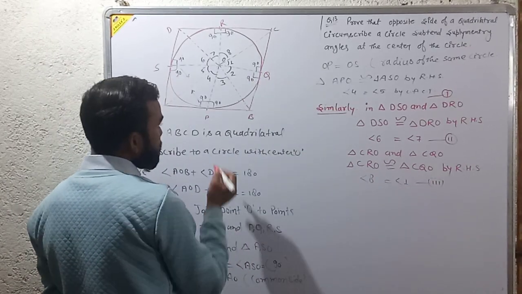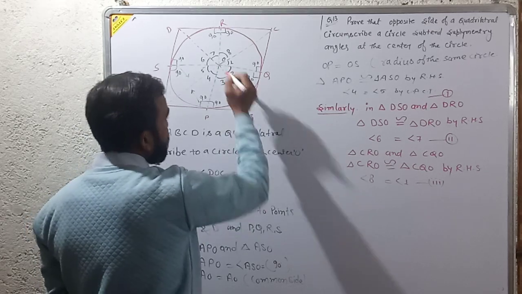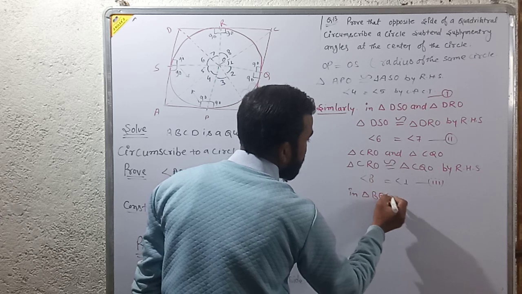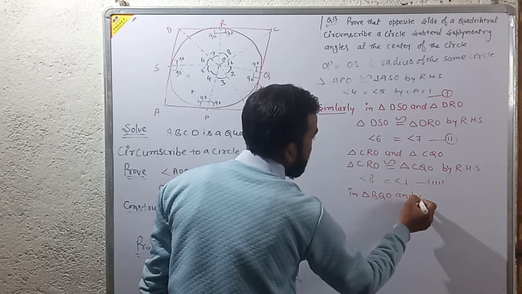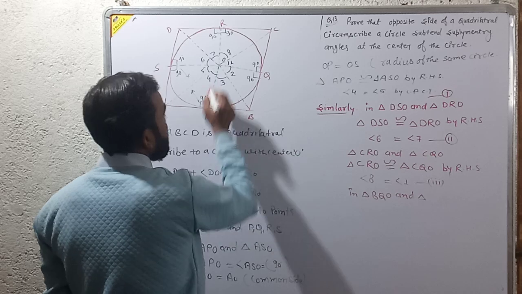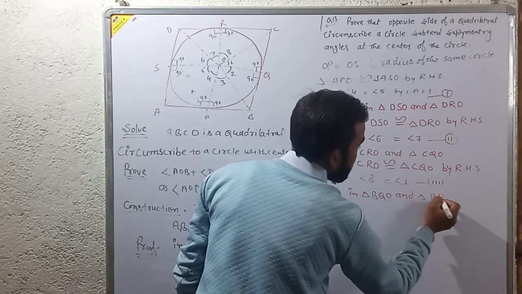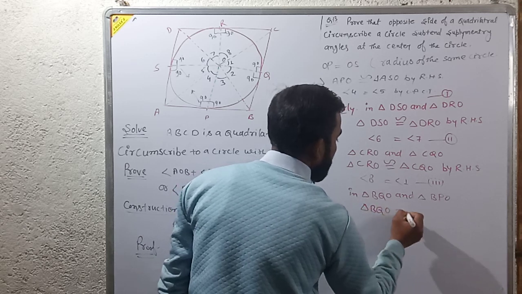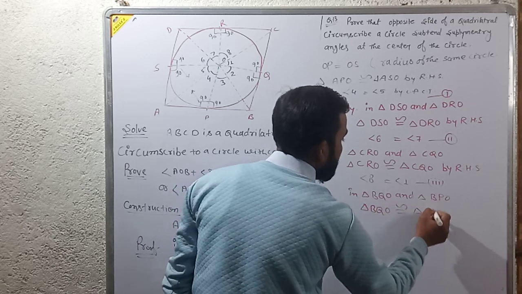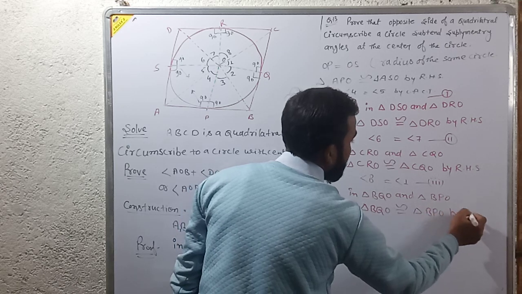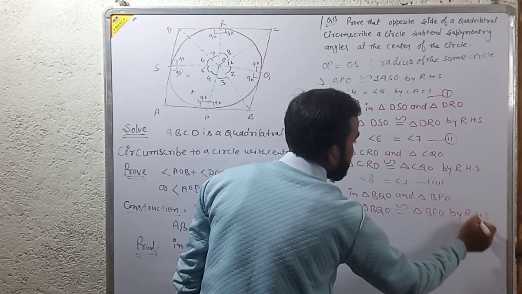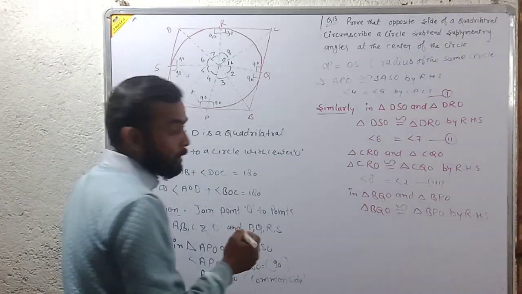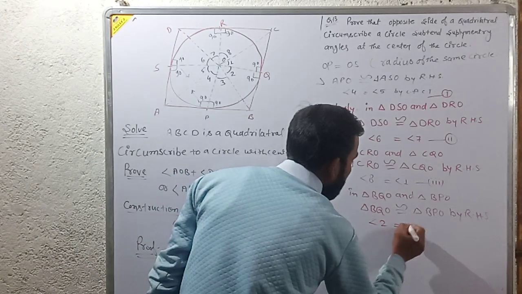Again in triangle BQO and triangle BPO, triangle BQO is congruent to triangle BPO by RHS. So we can say that angle 2 is equal to angle 3.